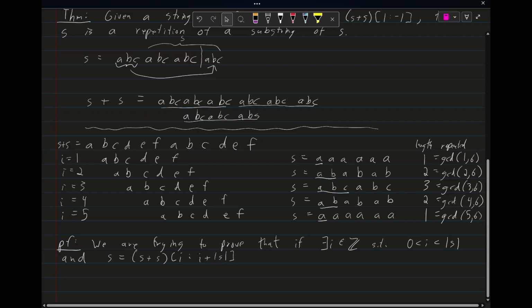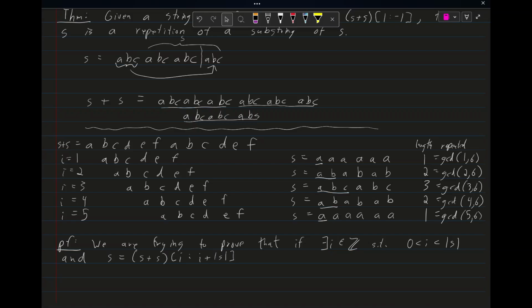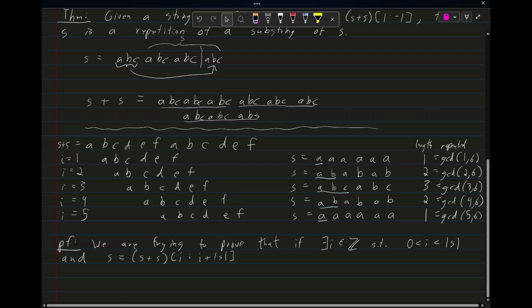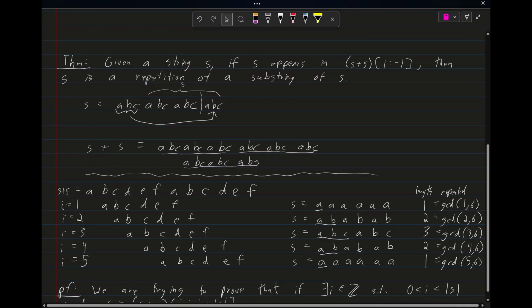The last index of this string is I plus length of S minus 1. Okay, and that in and of itself is going to have the length of S indices, which checks out with the fact that S has to be equal to this. So this is the mathematical phrasing of the statement that S appears in the interior of S doubled.